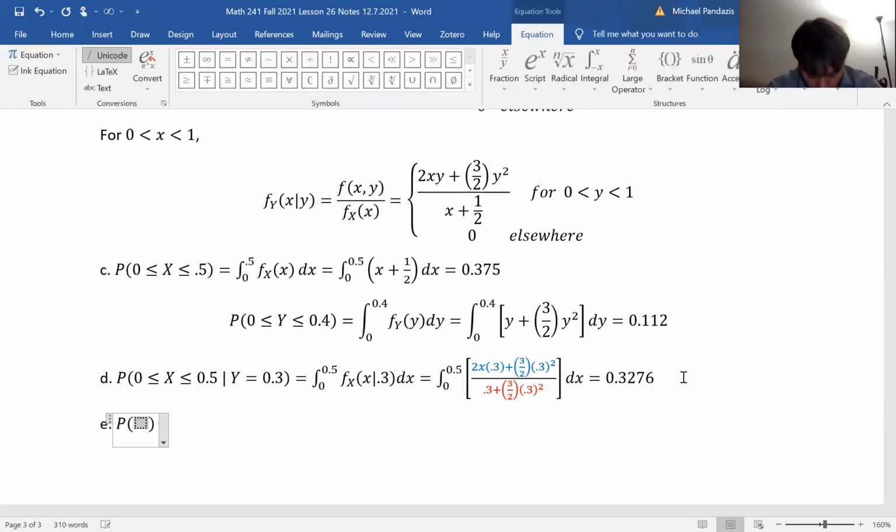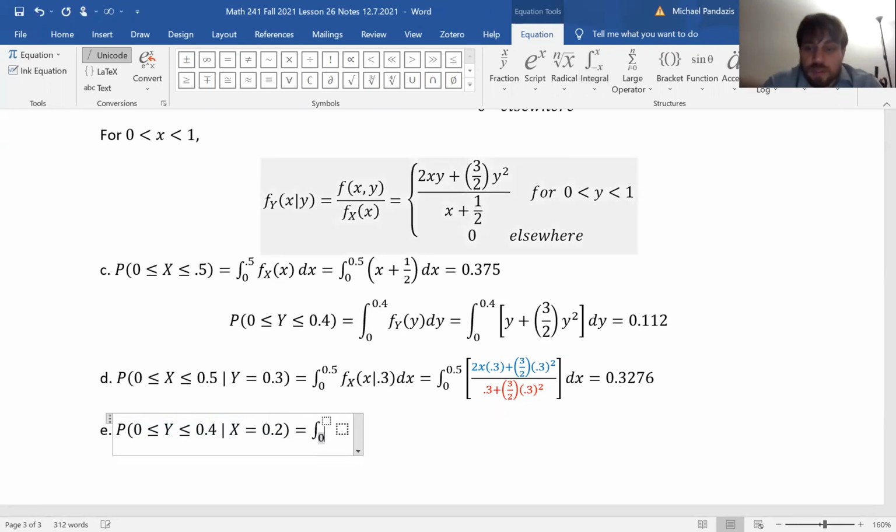Okay, so then the probability of 0 less or equal to y less or equal to 0.4, given that x is equal to 0.2, is equal to the integral from 0 to 0.4 of f sub y of y given 0.2 dy.